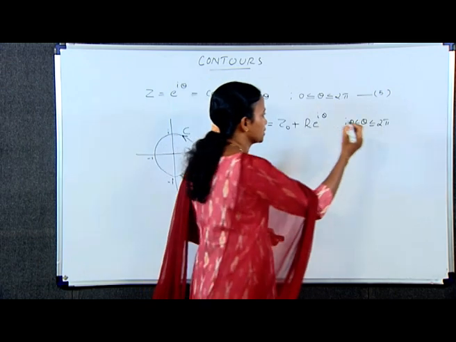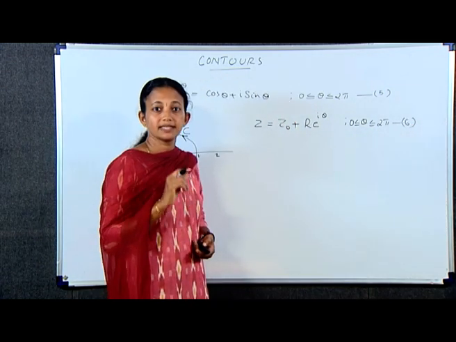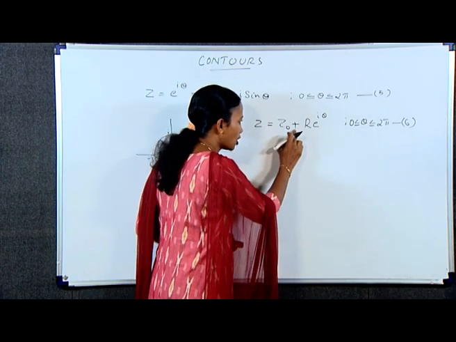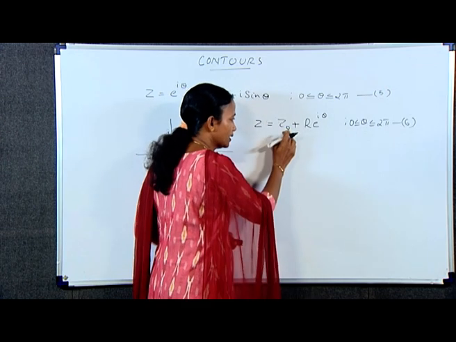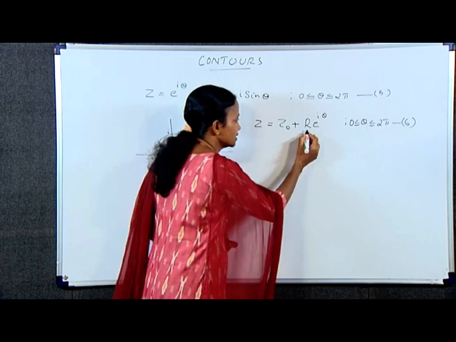Mark it as the next equation, that is equation number 6. Here it is centered at the point z naught. It is z is equal to z naught plus r e raised to i theta, where z naught is the center and r is our radius.